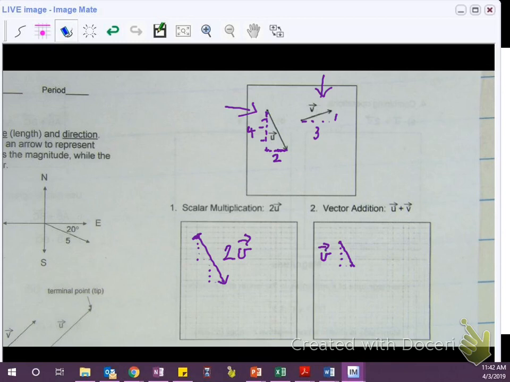And then v is over 3 and up 1. So that one is v. Oh, my v and my u look the same. So the resultant vector, I'm going to pick a different color.